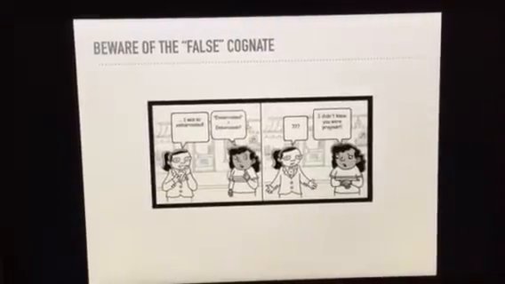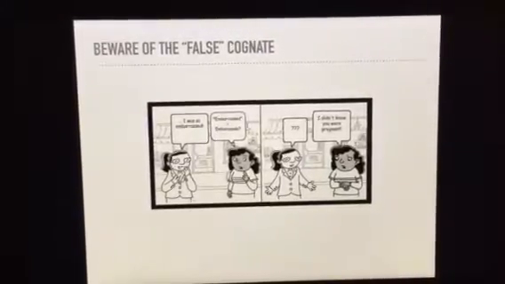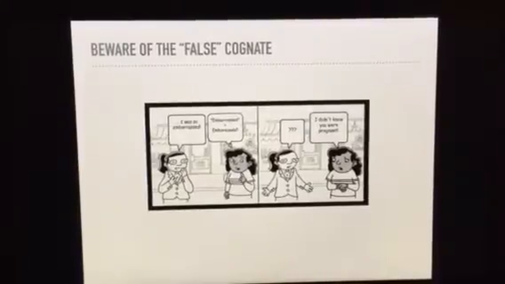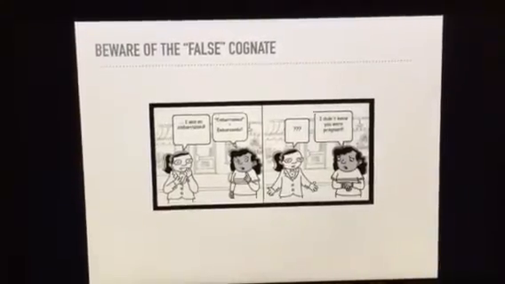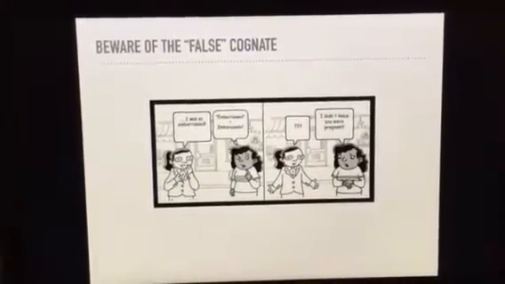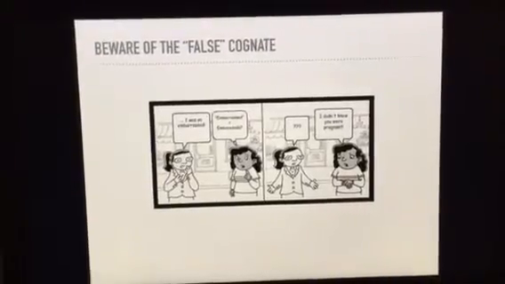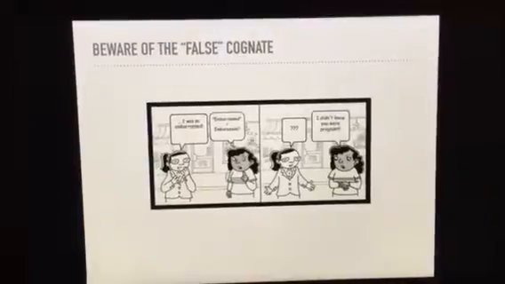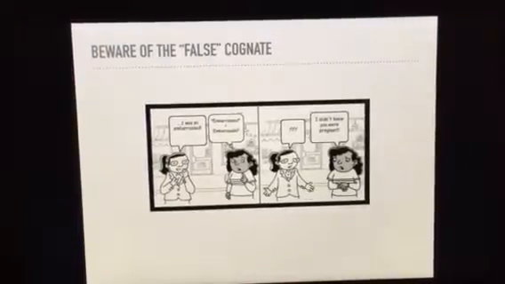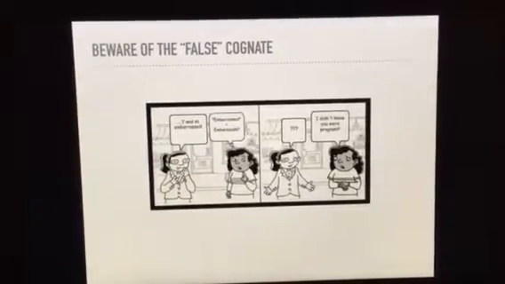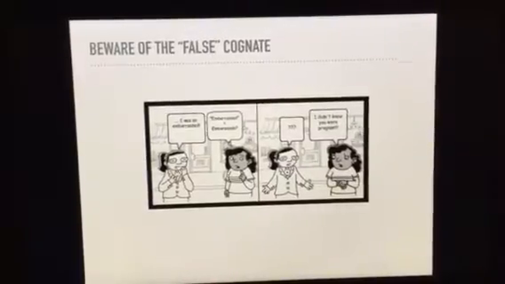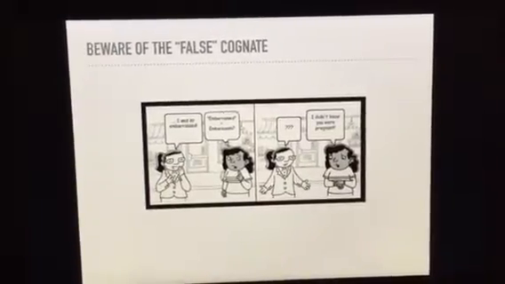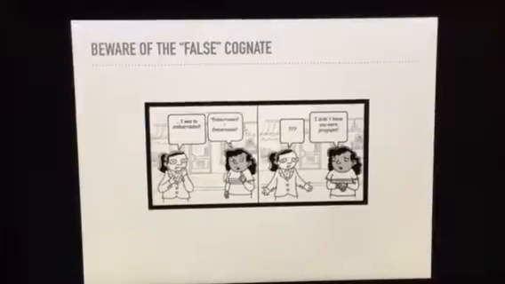First, be aware of the false cognate. There are plenty of sites out there that can give you these words and can give you an idea of some of the words that you need to avoid or at least be aware of. This cartoon is an example of one of the most common and most referenced, which is embarazada.